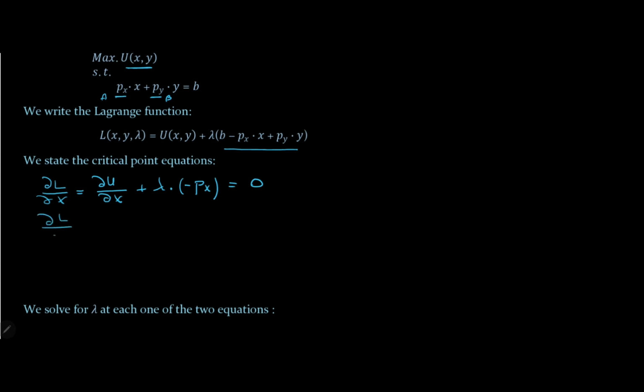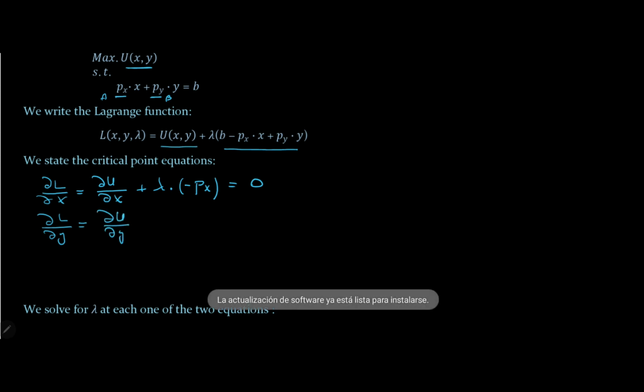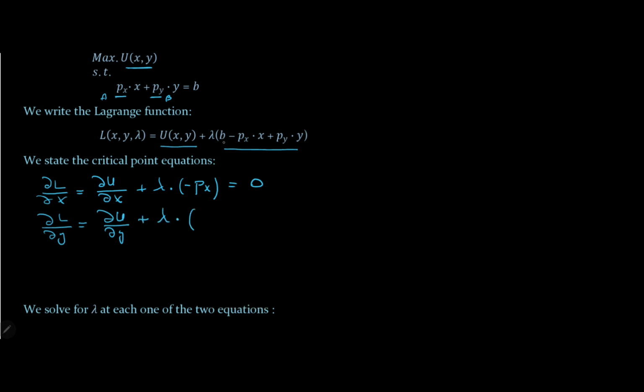The partial derivative according to y is very similar. It's the partial derivative of utility according to y, and then plus the multiplier times 0 and minus py. And that must be equal to 0.